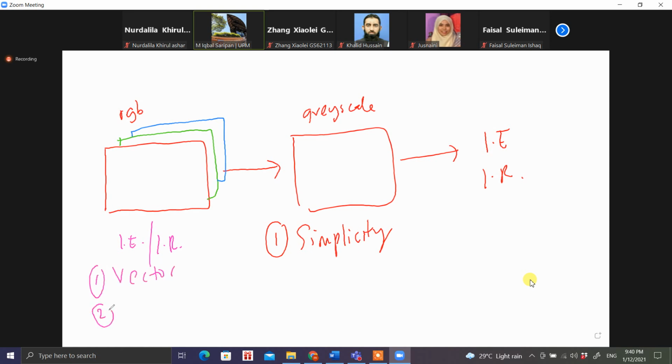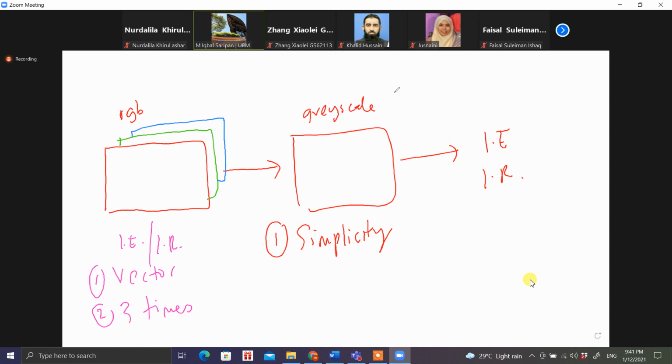Number two, if you still want to process it in scalar, then you need to process it 3 times, because you need to process red, green, and blue individually. That is why, if the purpose of the image processing can be done in grayscale, most literature will first transform from RGB to grayscale for simplicity.